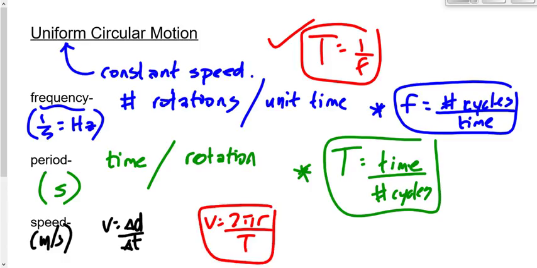So V is equal to, in the context of uniform circular motion, 2 pi r over T. We'll check mark that one as well, because that one's on our data sheet as well. So is this, right? This is on our data sheet as well, but somewhere different, not with circular motion stuff.